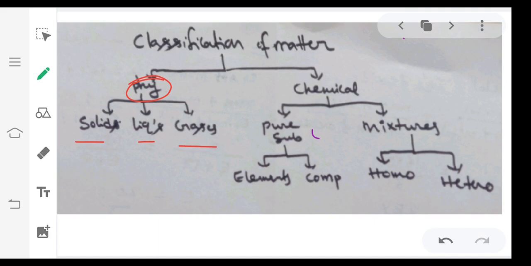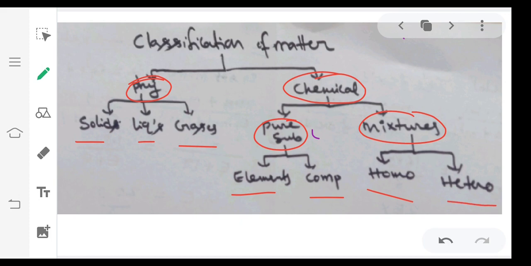And this is chemical classification. According to chemical classification, matter can be divided into pure substances and mixtures. Pure substances are divided into elements and compounds. Mixtures are divided into homogeneous mixtures and heterogeneous mixtures.